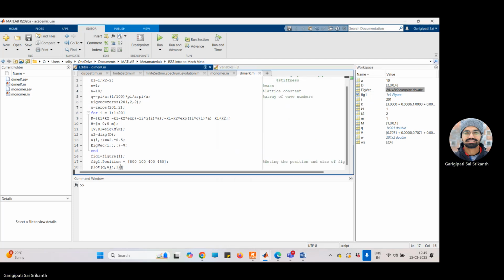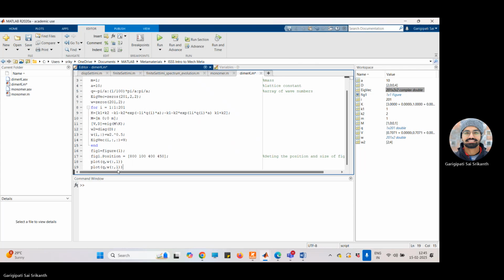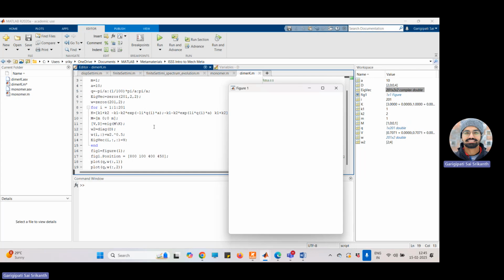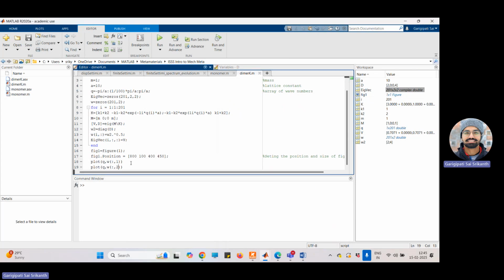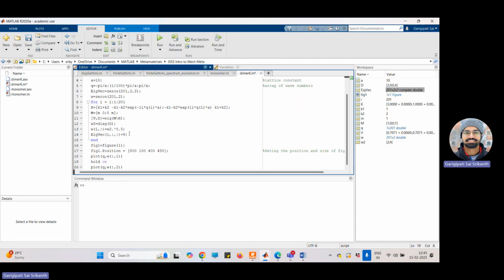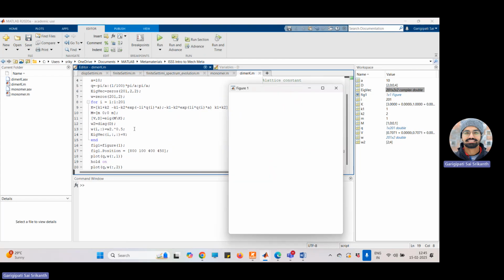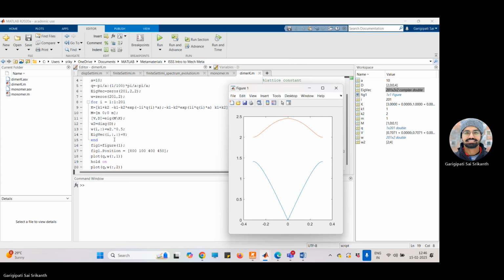Looks good so far. Let's plot the second mode. Yeah, it's the second mode, but the first mode has disappeared. For that, we have to hold the first plot in place while the second is being plotted. Awesome. The blue is the acoustic mode, red is the optical mode.